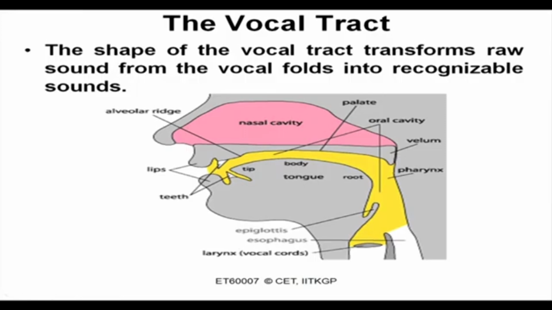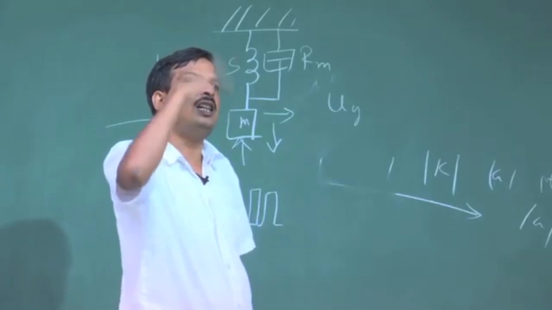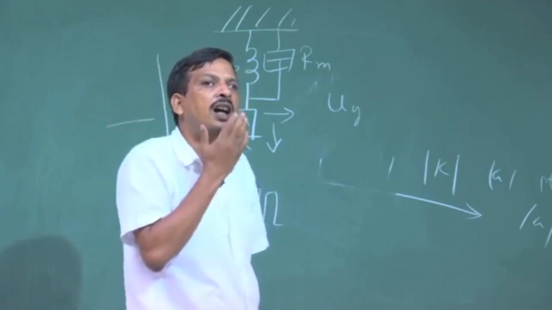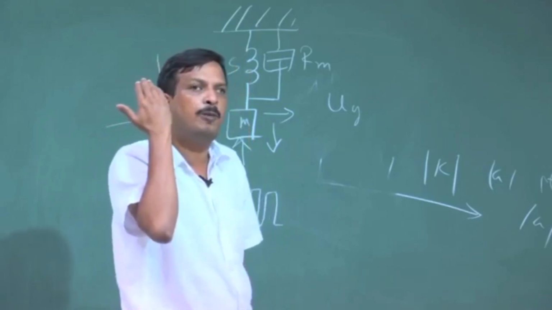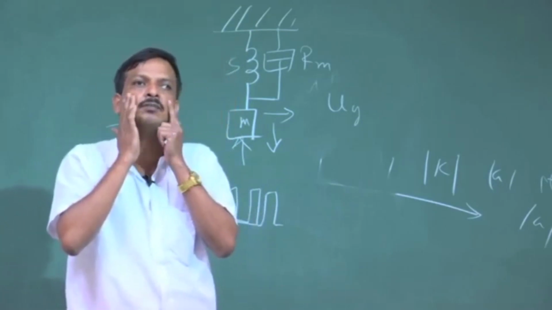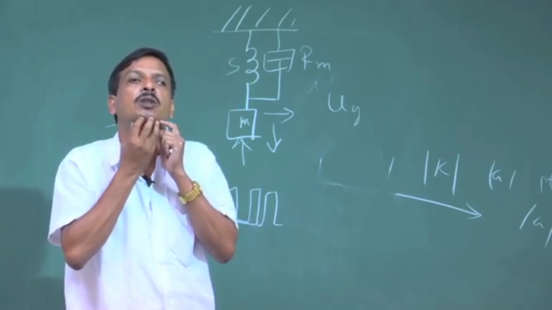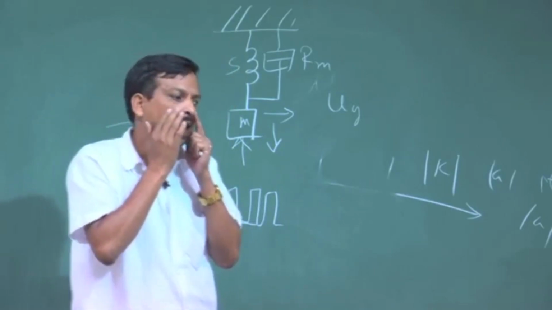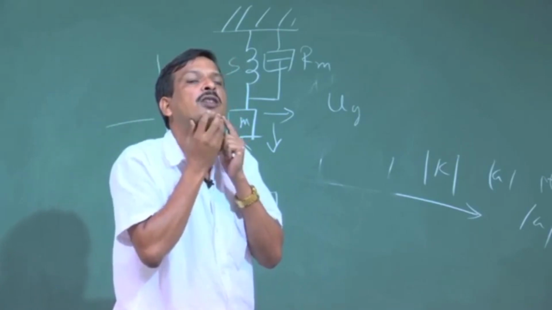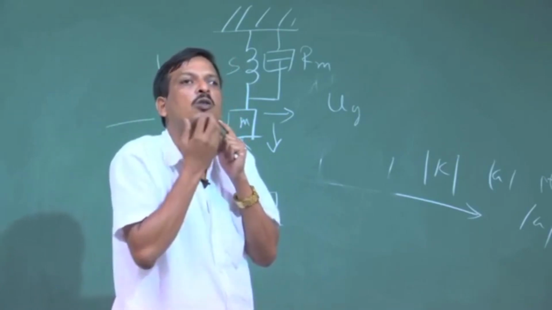Now, if you see, I can move the tongue upward, the back of the tongue can be raised, the tongue tip can touch the upper palate. So, when we speak, the upper palate is fixed; the upper jaw is fixed and the lower jaw is moving.